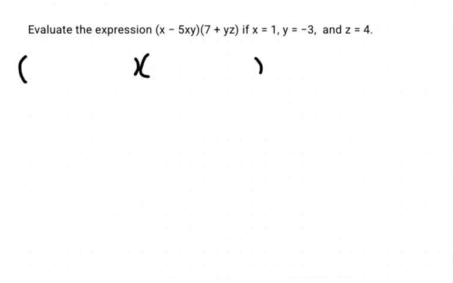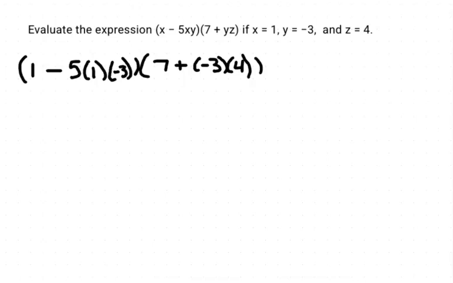X is 1, so I have 1, take away 5 times x, which is 1, times y, which is -3. Then I have 7 plus y, which is -3, times z, which is 4.